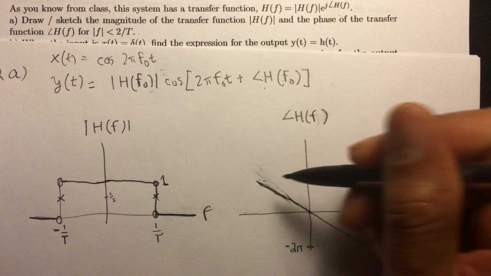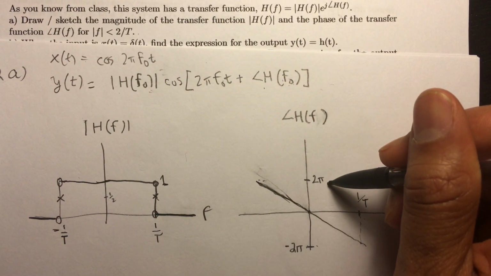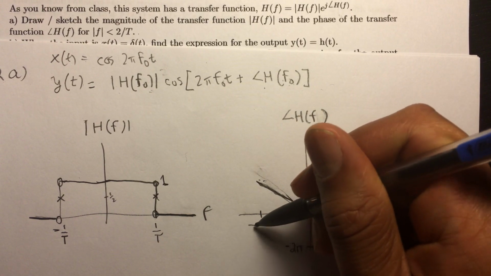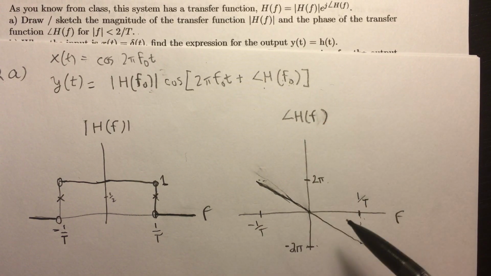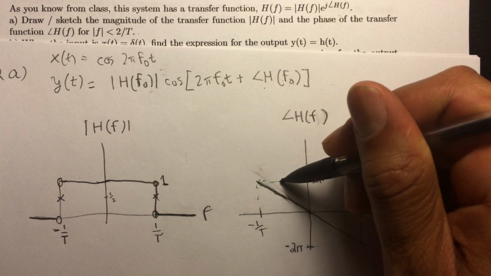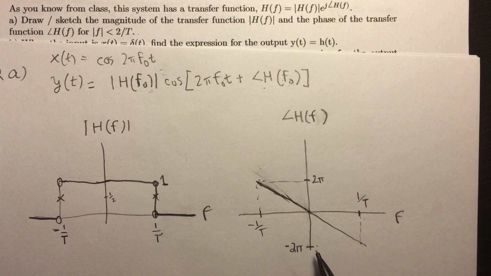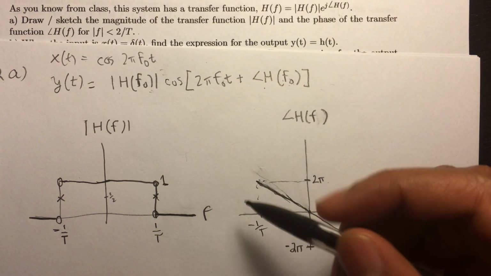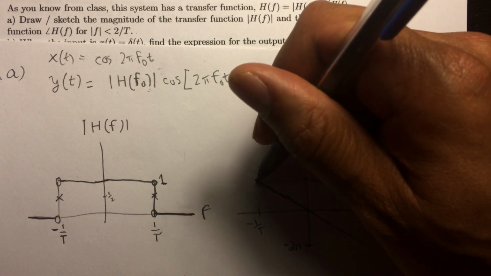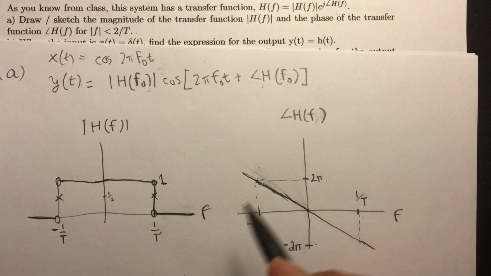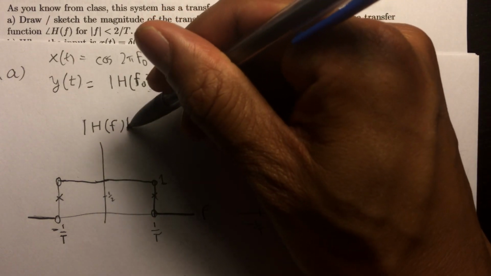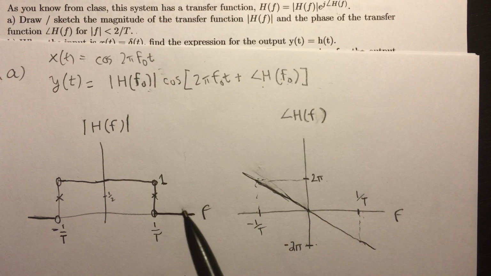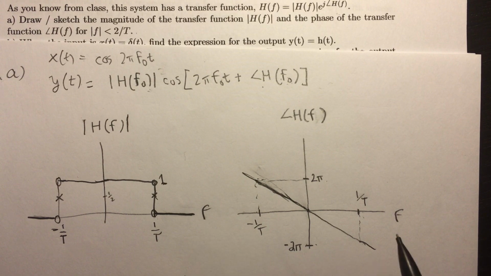And again, at minus 1 over t, the phase is equal to 2 pi. Some people drew this as 0 for greater than this, but since h of f is equal to 0 for f greater than 1 over t, we can define this phase however we like.